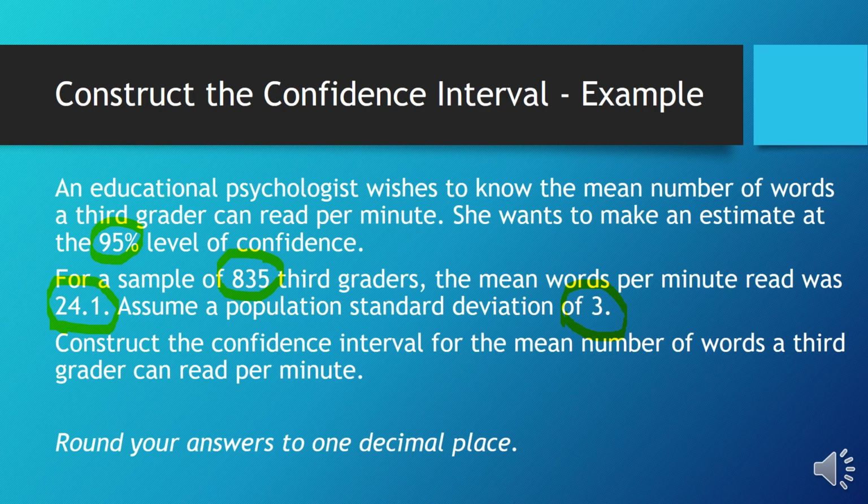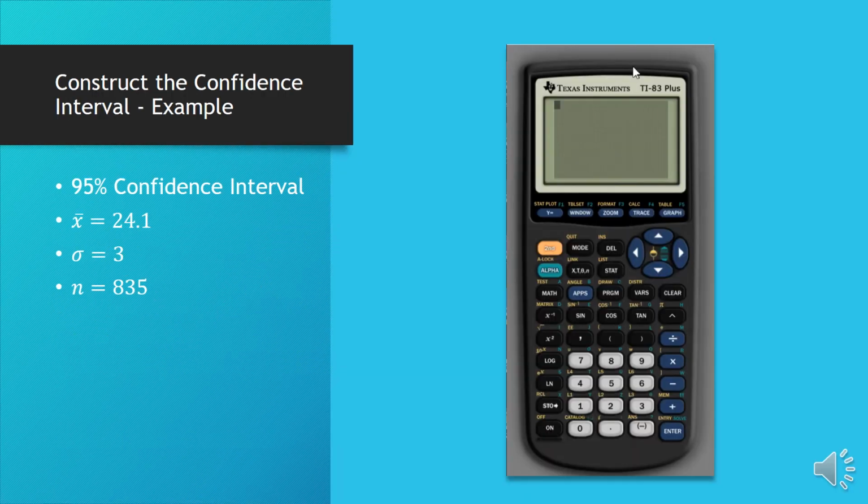Okay, let's get started. Here I've listed our important values. This is a 95% confidence interval. X bar, our sample mean, is 24.1, our population standard deviation was 3, and our sample size N was 835.